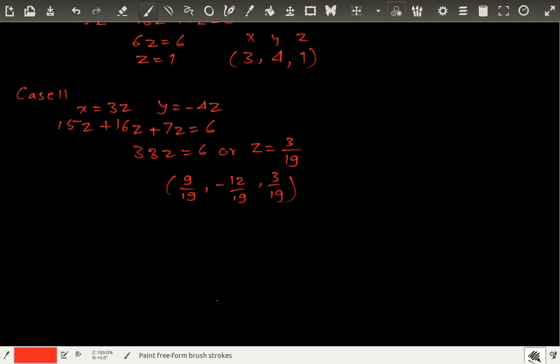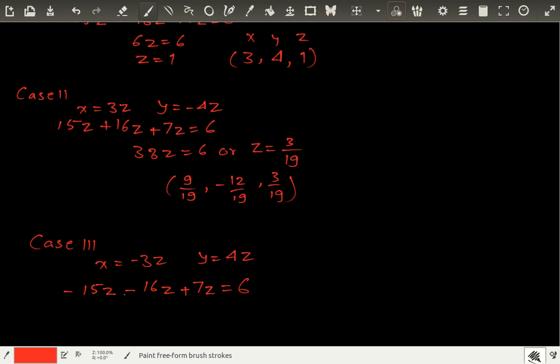For case 3, case 3 will be x is equal to minus 3z, y is equal to 4z. Okay, so in this case the third equation will become minus 15z minus 16z plus 7z is equal to 6.